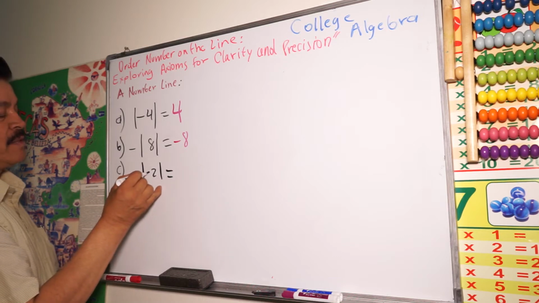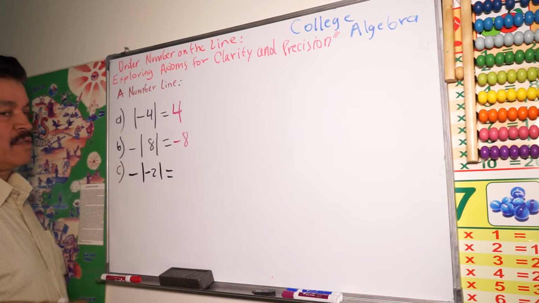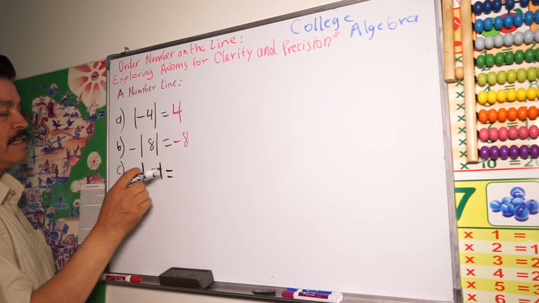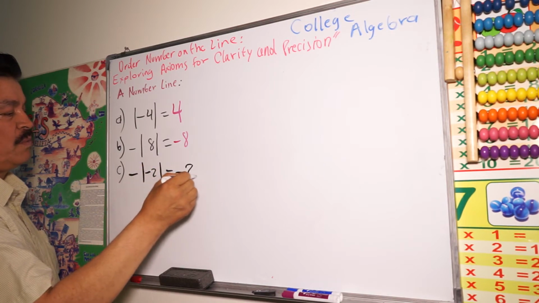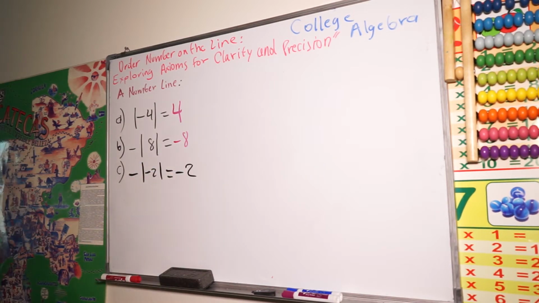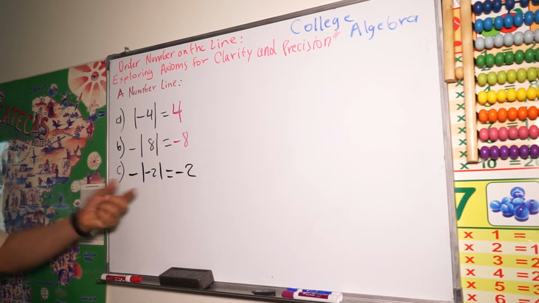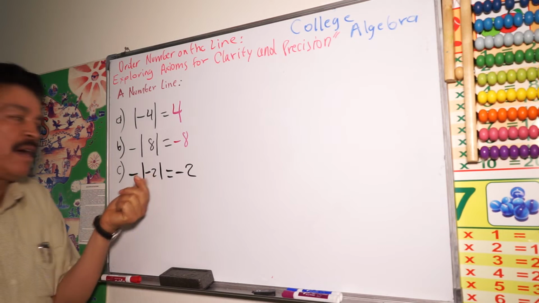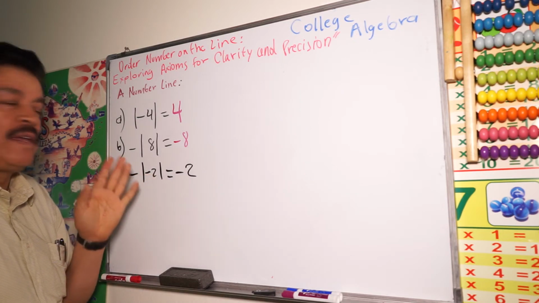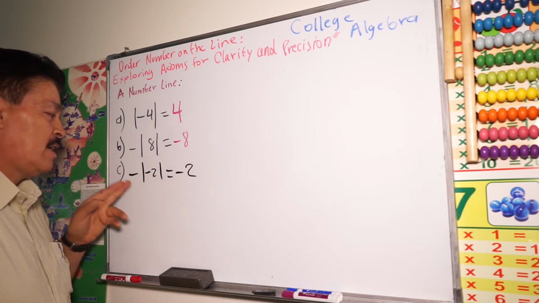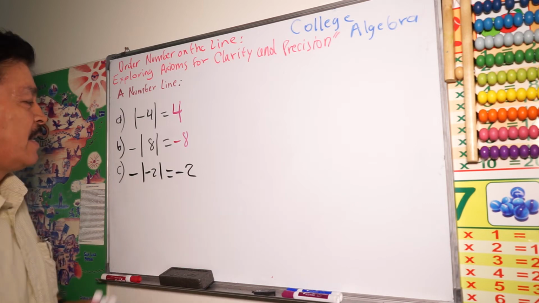It's not times. So the absolute value right here is positive 2, and with the negative in front, it's going to be negative 2, because the absolute value inside doesn't matter. It's positive or negative, it's always going to be a positive number, right? So it's going to be negative 2.